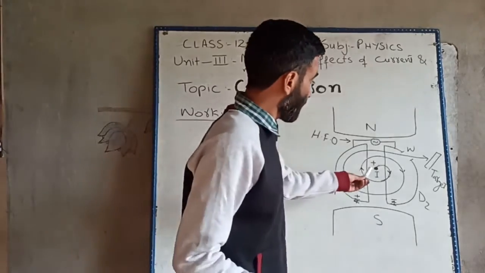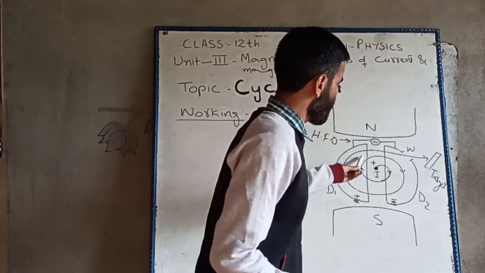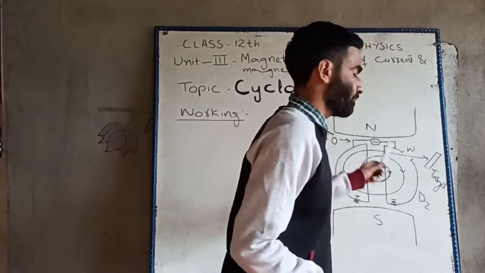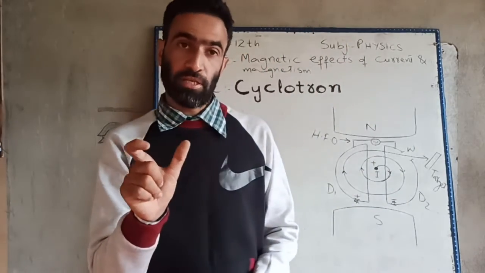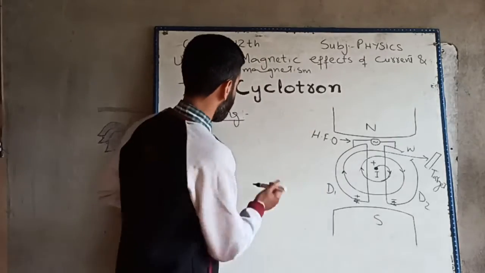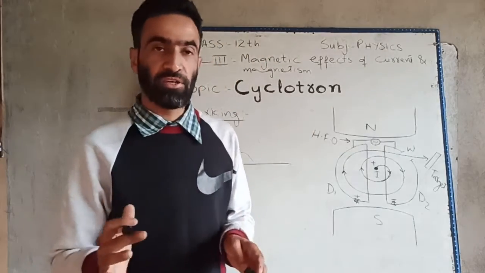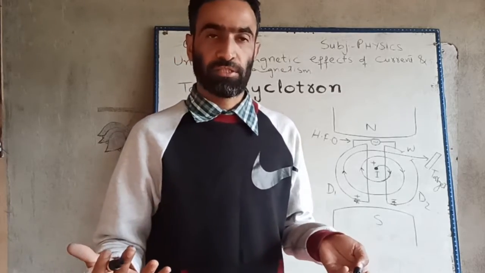Again, we understood that there is an increase in the radius of the circular path of the charged particle, but the time is constant, meaning it is the time for which the oscillating applied electric field will reverse its direction.